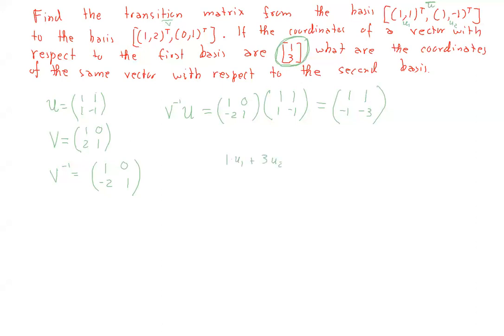That means that the coefficients that you need to put in front of u1 and u2 in order to get your vector are the numbers 1 and 3. And you can ask now, how should we express the same vector using v1 and v2, where v1 is this vector and v2 is this vector?